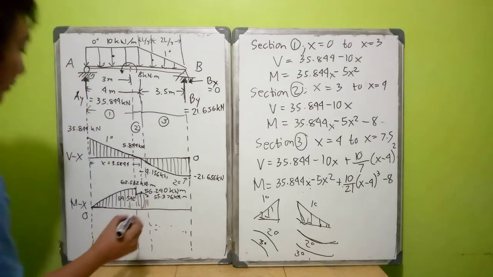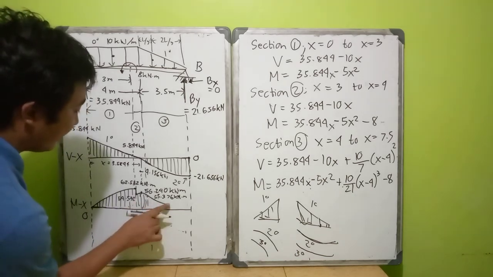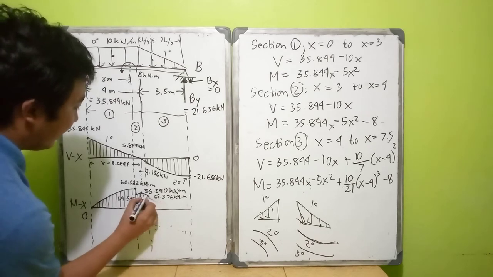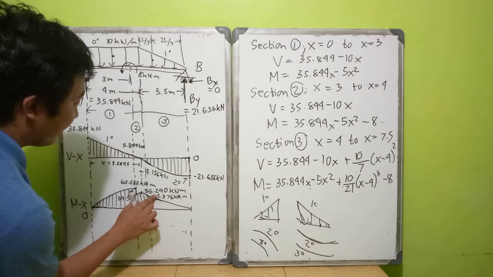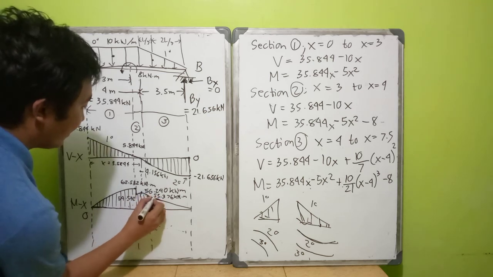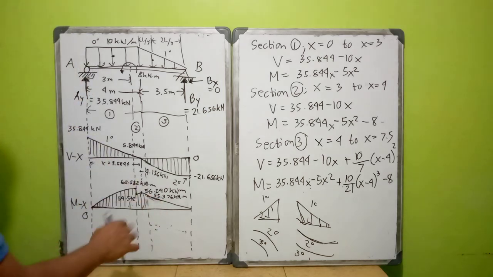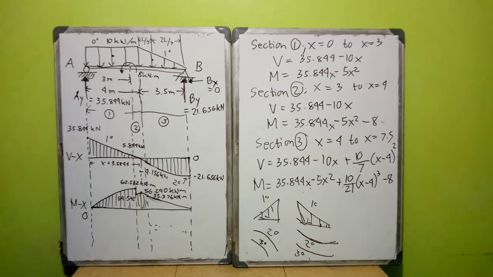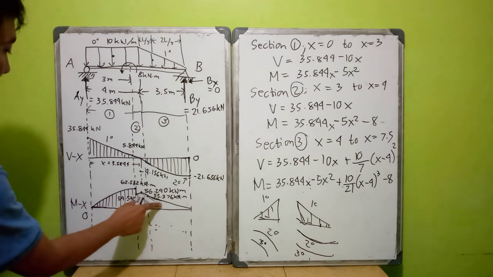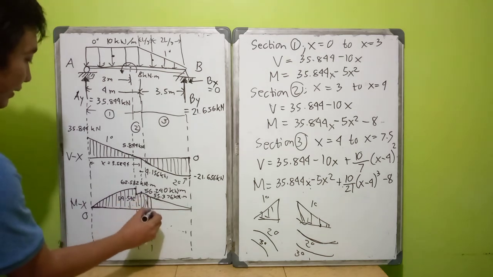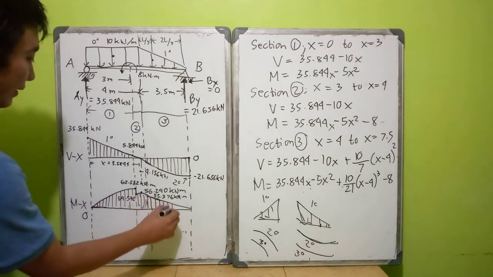So you might be saying that, sir, it will not end at 0. But since it is common that we have some round-off error, if you get a very small value close to 0, for example, negative 0.000001, your solution is correct.